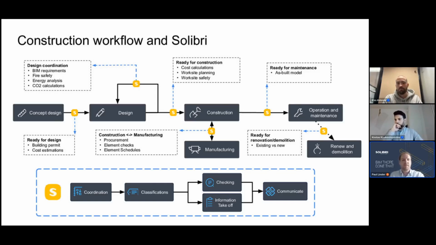And then you are able to check if there are any issues in your federated model or in your single model. If yes, then you are creating BCFs and communicate that with the designer. If you have a high quality of your model, then we recommend to do an information takeoff or a quantity takeoff. And this is how you work with Solibri.